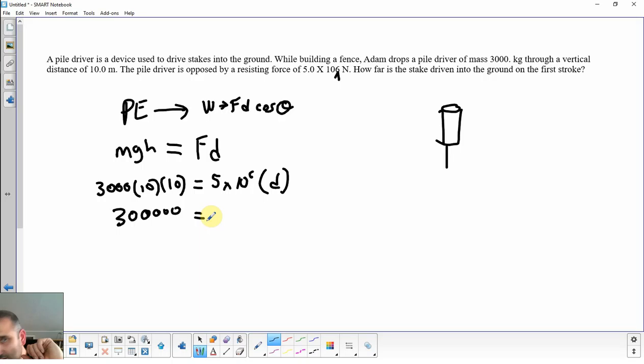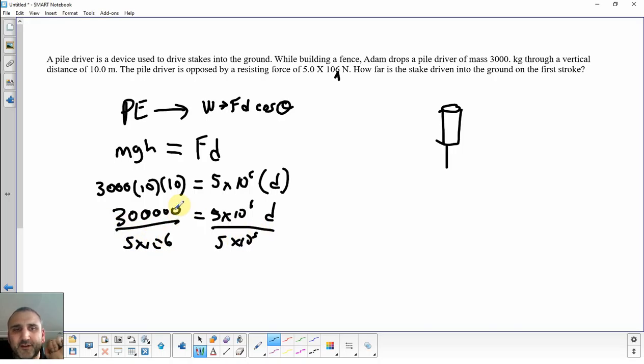300,000 divided by 5 times 10 to the 6th. Then we divide both sides by 5 times 10 to the 6th. My handwriting is terrible when I'm trying to rush, but I want to get this out to you before 6, because that's what I promised.